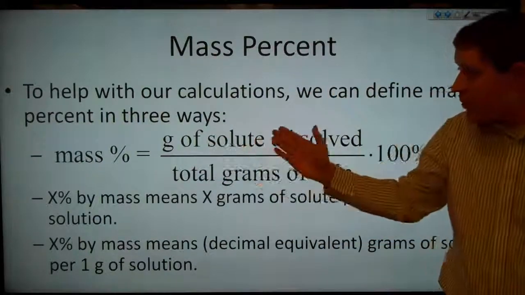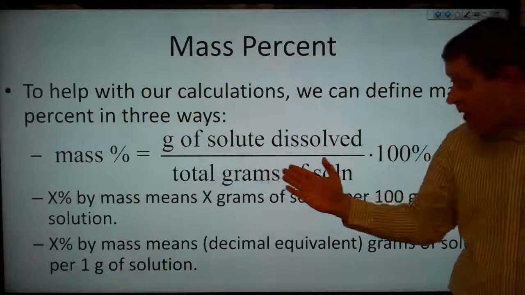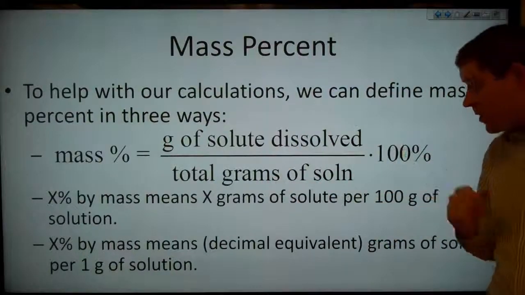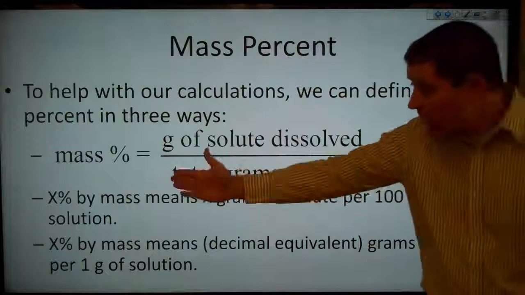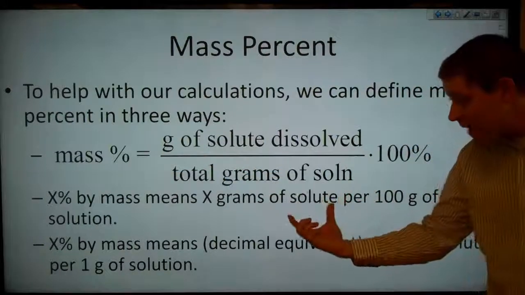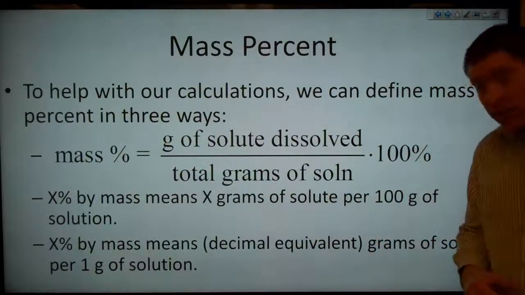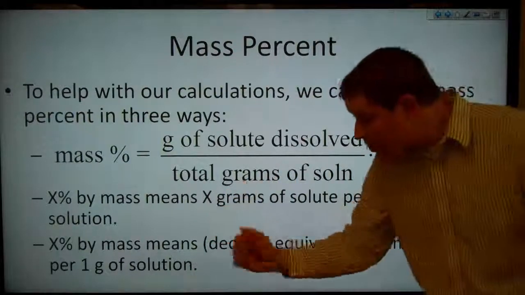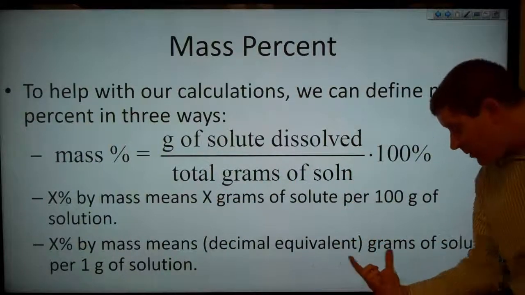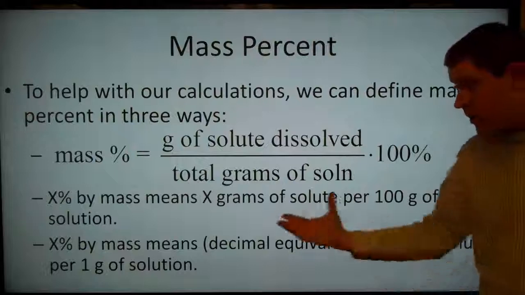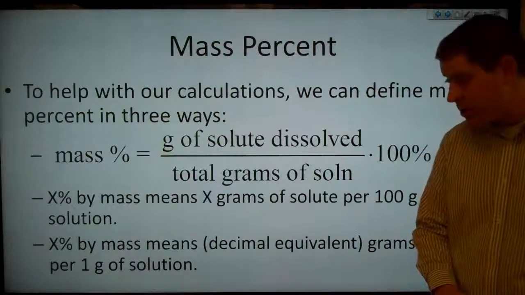Mass percent is equal to grams of solute dissolved divided by total grams of solution times 100%, or X percent by mass means X grams of solute per 100 grams of solution, or X percent by mass means the decimal equivalent, grams of solute per 1 gram of solution.